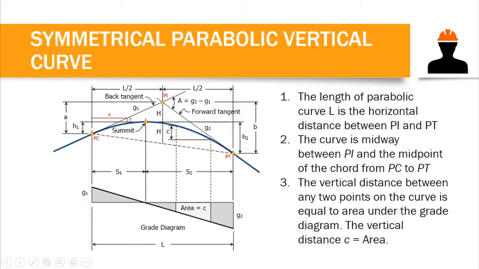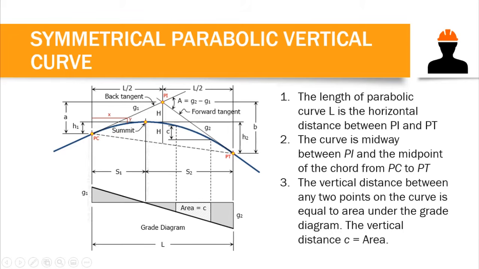Grade diagrams can be useful in computing the vertical distances. According to number 3, the vertical distance between any two points on the curve is equal to the area under the grade diagram. The vertical distance C is equal to the area.